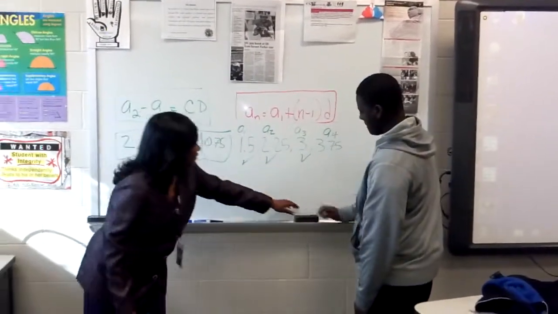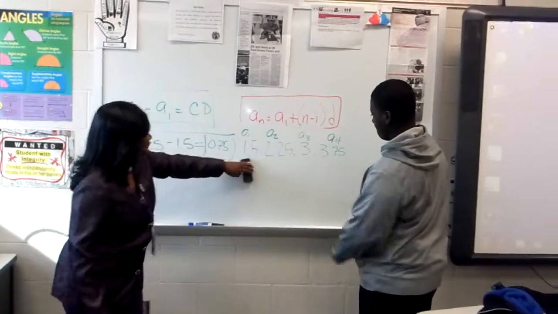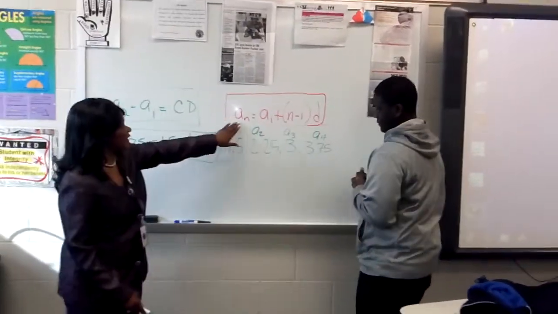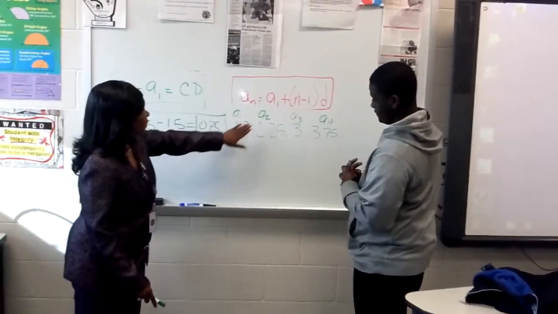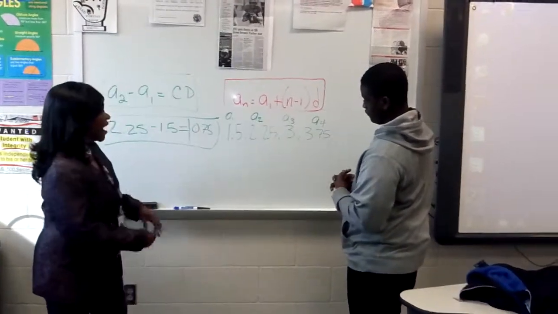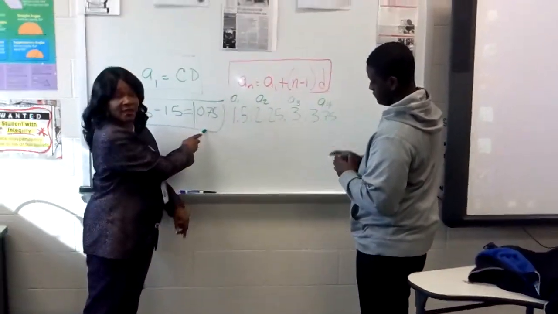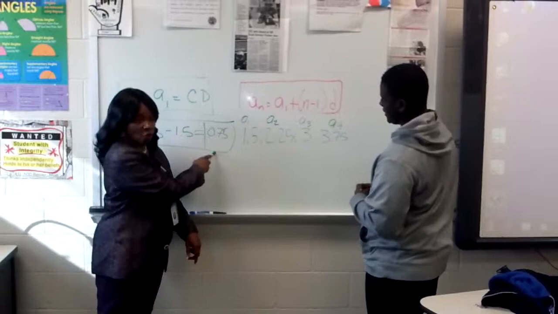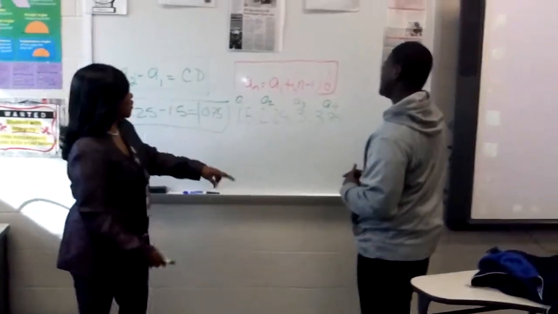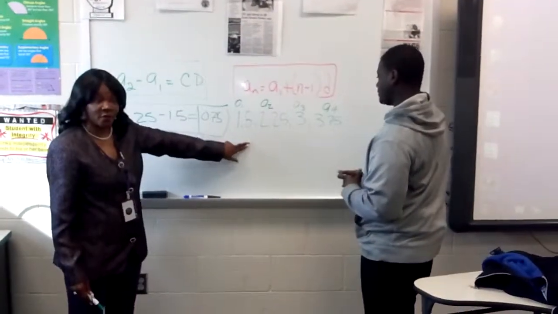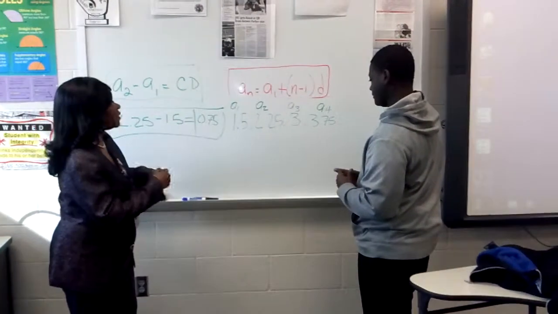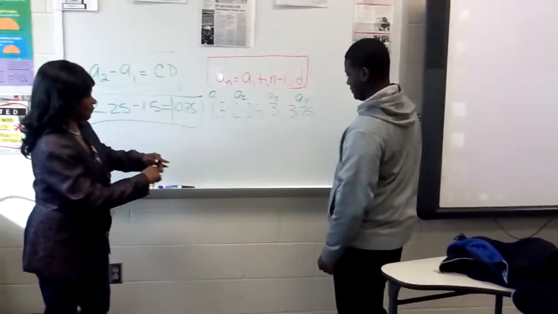We're going to use this formula, and we're going to plug in the information that we found. We found the common difference to be what? 0.75. We know that A sub 1 is what? 1.5. Okay, now let's plug and chug.